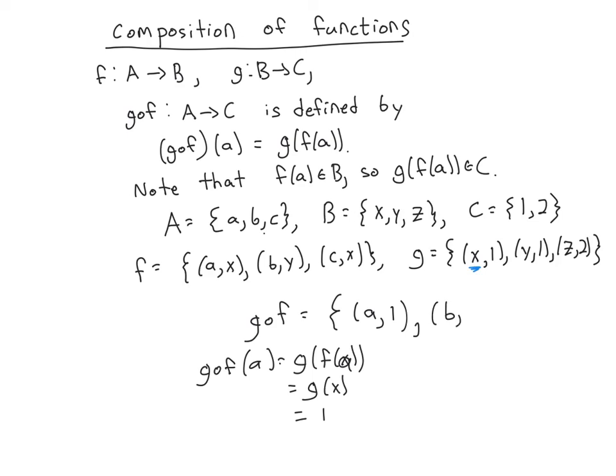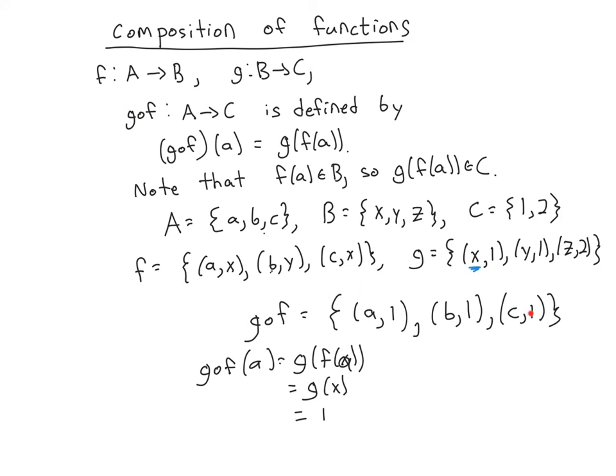Similarly, f sends b to y, g sends y to 1, so g composed with f sends b to 1. And finally, f sends c to x, and g sends x to 1. And so we see that the composition is the function which sends all 3 points, a, b, and c, to the same element 1.